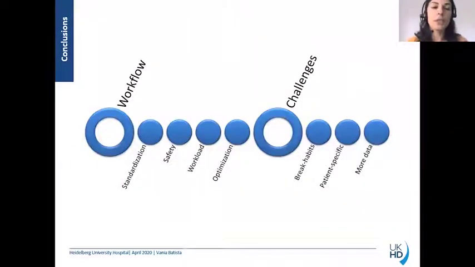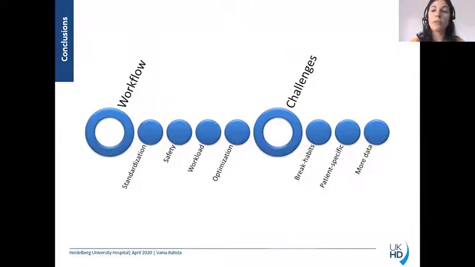As a conclusion, from what we have learned after 5 months with Line RT Advance, Line RT Advance has really strong implications in our workflow. We are going more in the direction of standardization of workflows, improving patient safety.